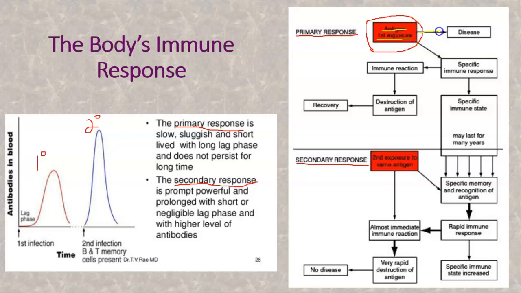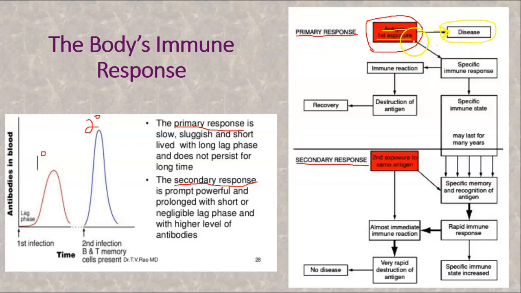This arrow here tells us that because this is the first exposure of the organism to the antigen, and because the immune response would be very slow, it is inevitable that the individual would get the disease. That would be the outcome of the exposure.